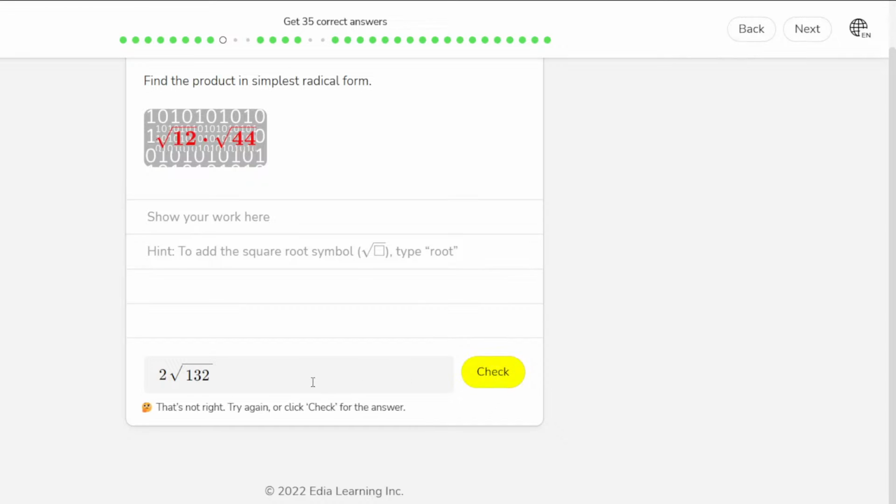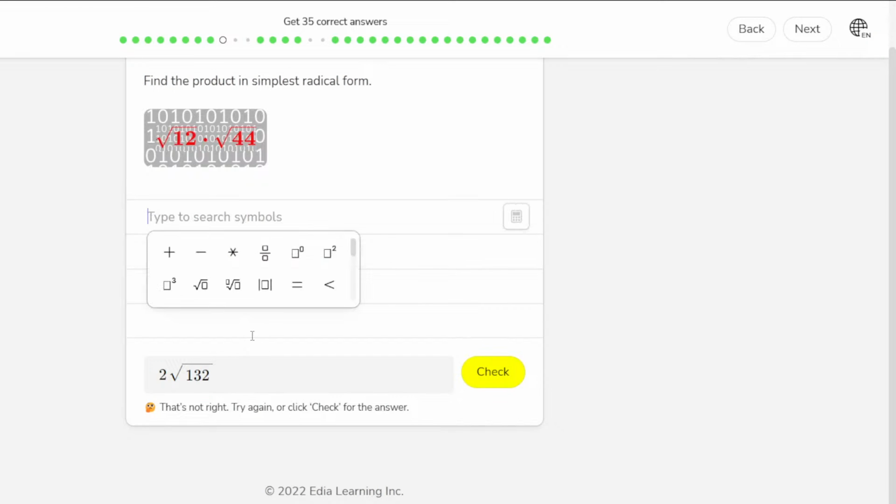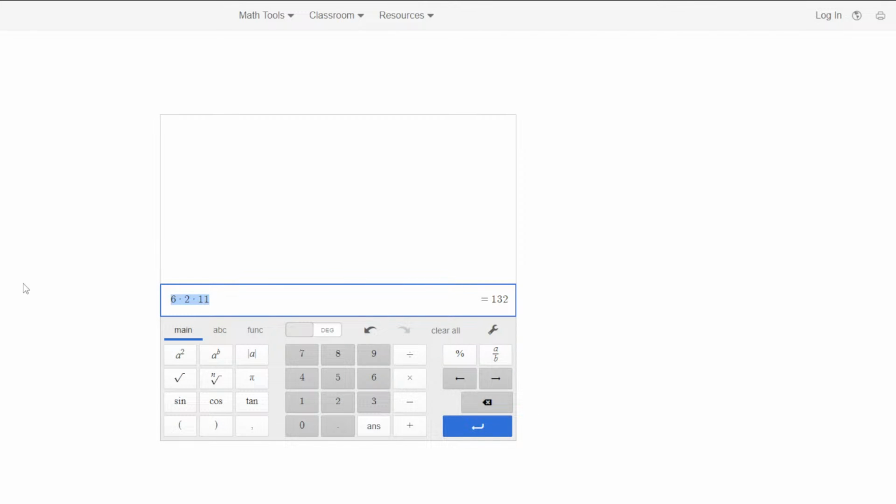This isn't going to be right. If I just divide that by 2, then it'd be just the square root of 66. Which is just the square root of 6 times 11. Which is also the square root of 2 times 3 times 11.